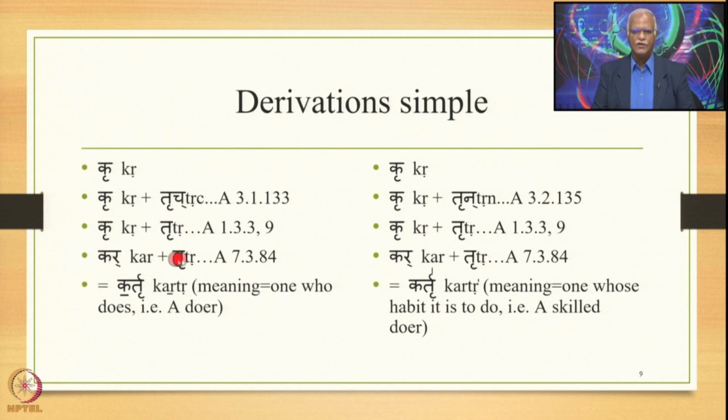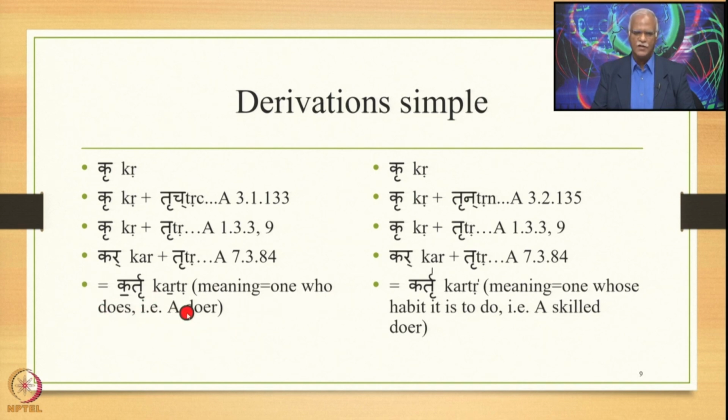And then when we join them together, it is this accent which is retained and so this udatta gets converted into an anudatta. So we have the form kartru with the final vowel udatta, ru being udatta. So ka is shown as anudatta. The meaning of this word is one who does, which is a doer.